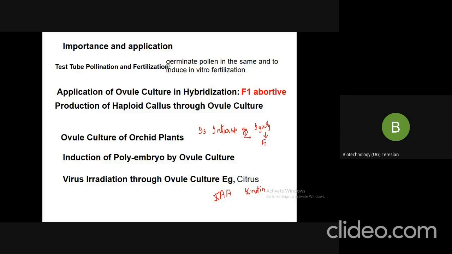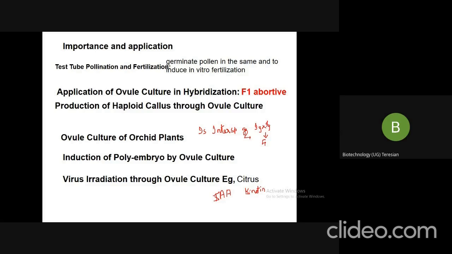Ovule culture of orchid plants. We know that for many of us, we appreciate the flowers of different orchids. We have so many different varieties and such beautiful flowers they develop.